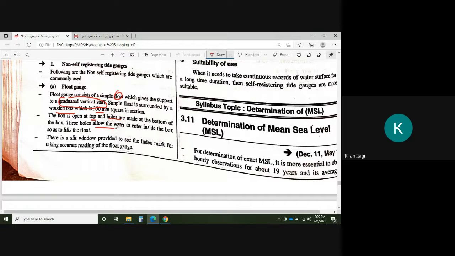These holes allow the water to enter the box so as to lift the float. When there is a lift, it will go up. When the lift is down, it will come down like this. So the reading will be taken like this in the floating gauge.